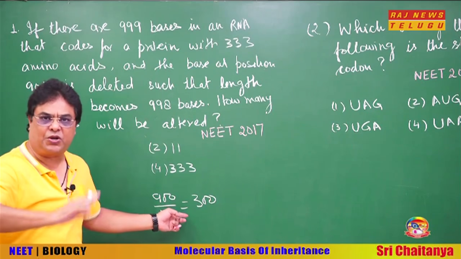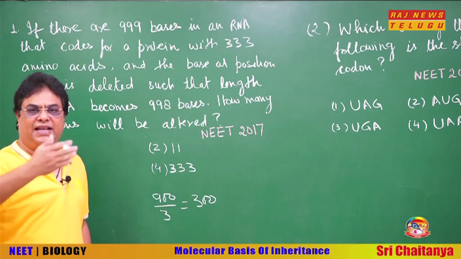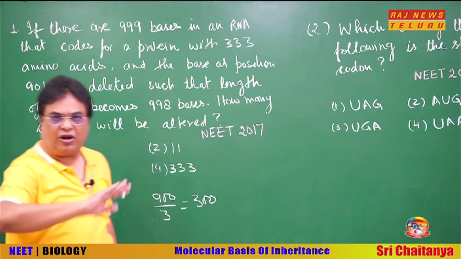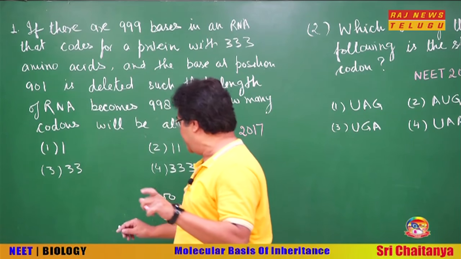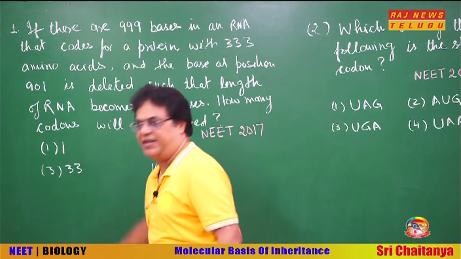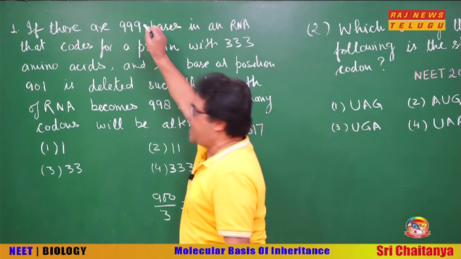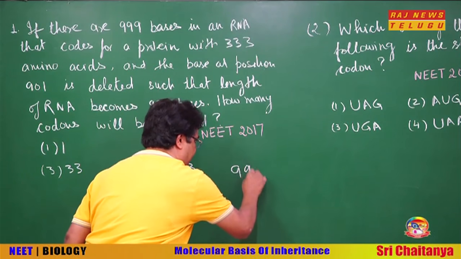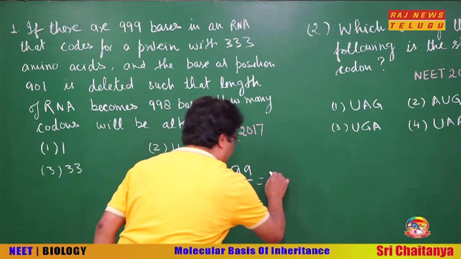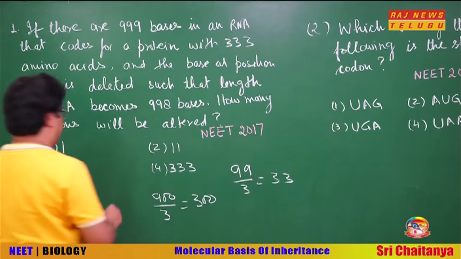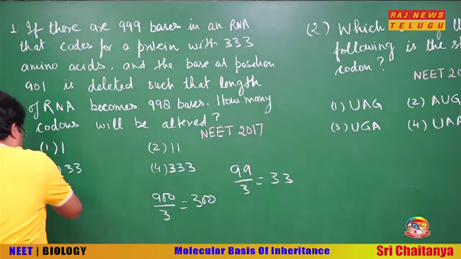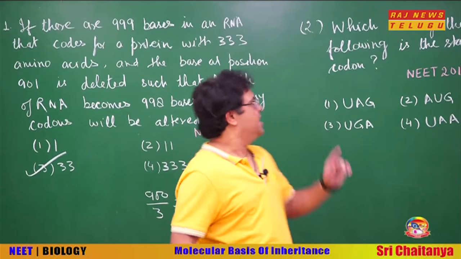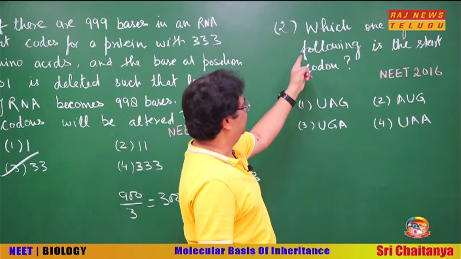It means all the codons after 900, that is from 900 to 998, all will change. So, this will include how many? 33 codons, because 99 bases are undergoing change. So, 99 upon 3 is equal to 33. So, 33 codons will change. So, our answer will be 3. Okay. So, simple. Next is a very simple question.